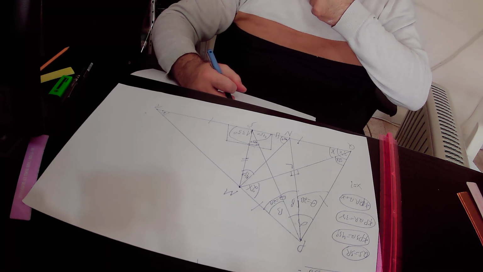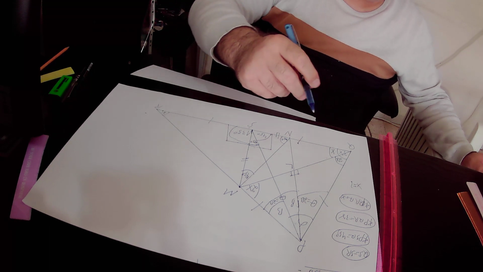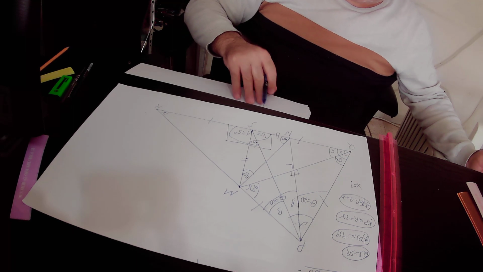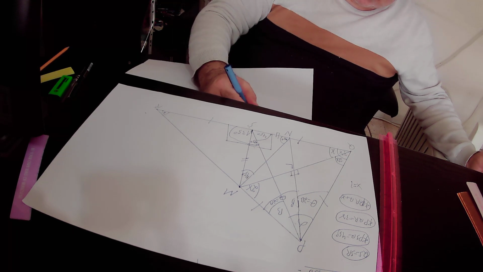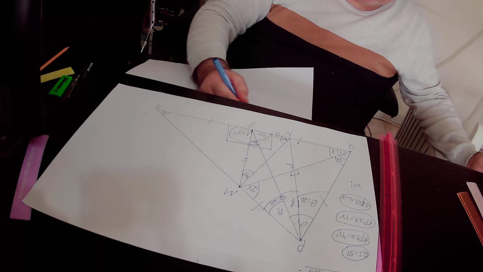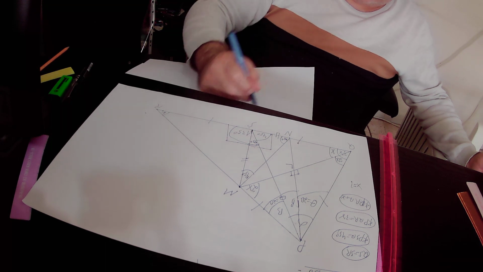And in the next step, we will prove that triangle PQN is congruent to triangle PMN.